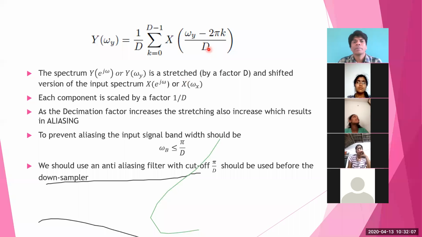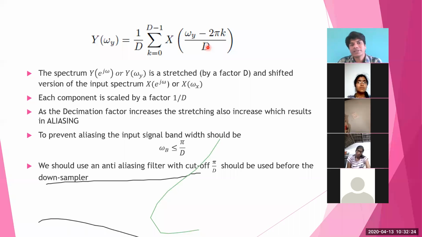Why stretching? Because here it is getting divided by the factor D. And this decimation process is sometimes viewed as compression in the time domain or expansion in the frequency domain. So that is what it tells.